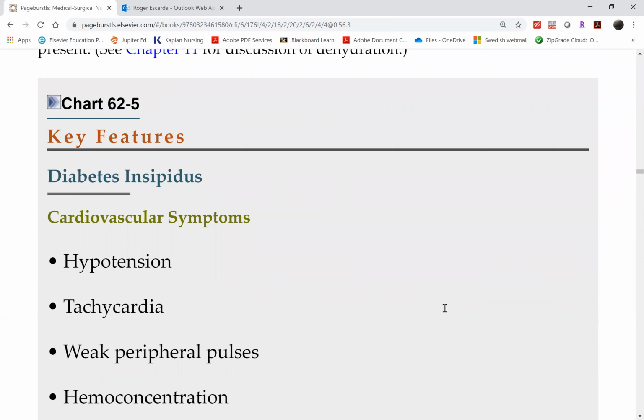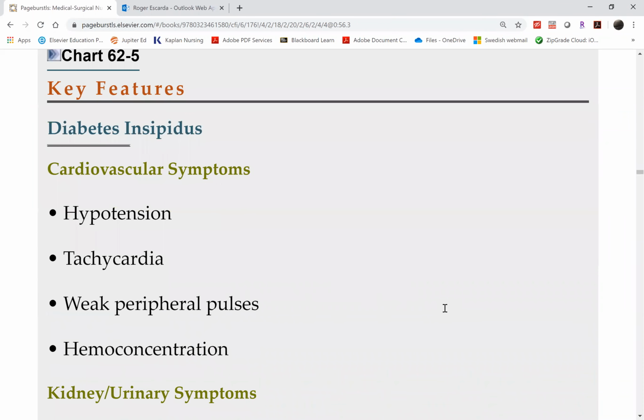Chart 62.5, this is nothing different from what you learned in chapter 11, except for two things under the urine. If you remember in chapter 11, a dehydrated patient, what will their urine look like? It'll be dark. Concentrated, right, so that was the presentation of a dehydrated patient in chapter 11, correct?